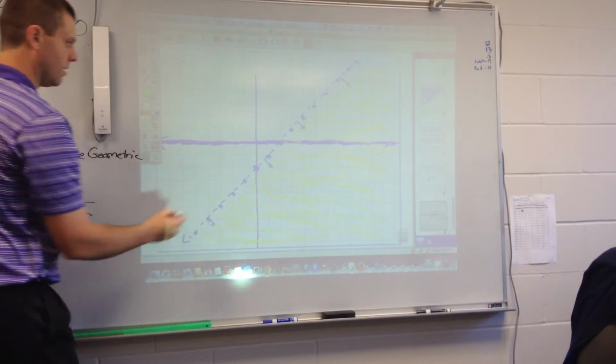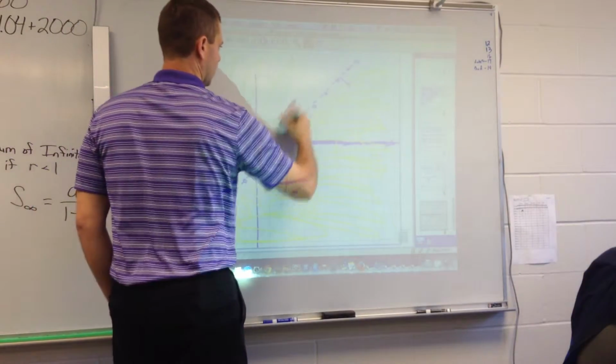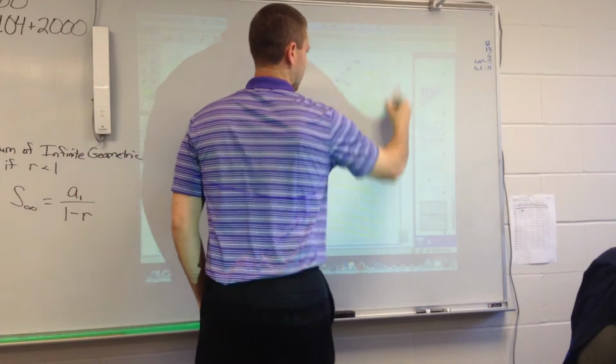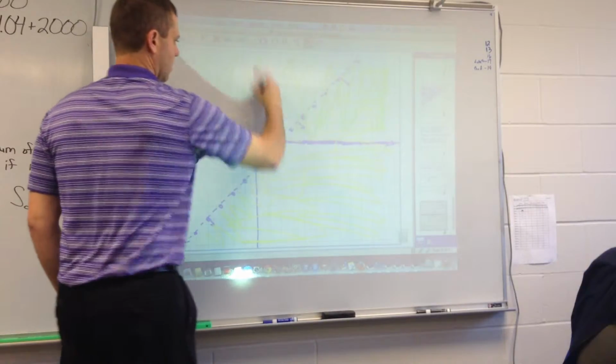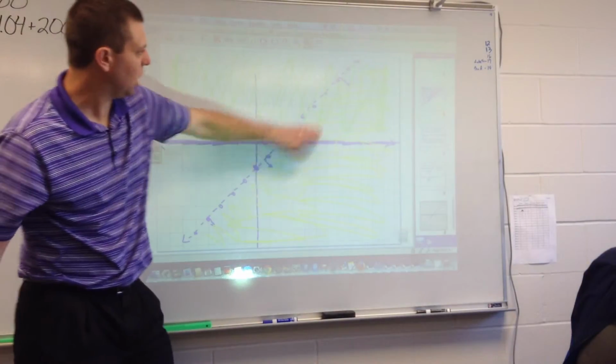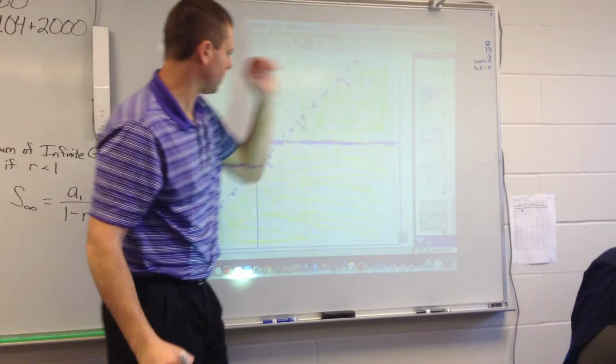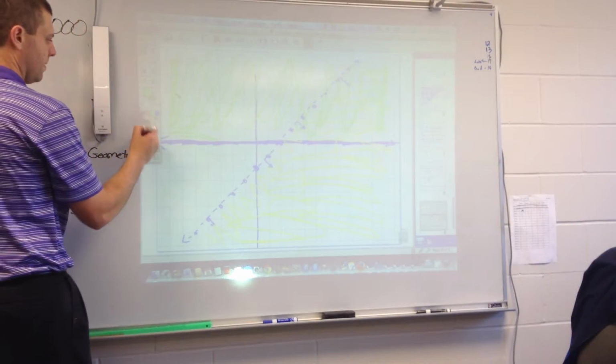And then there's my second one, right? So I had to shade lightly below that one, and then I had to lightly shade above this one.